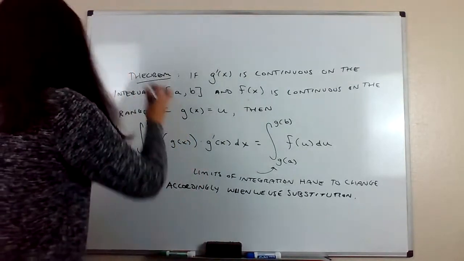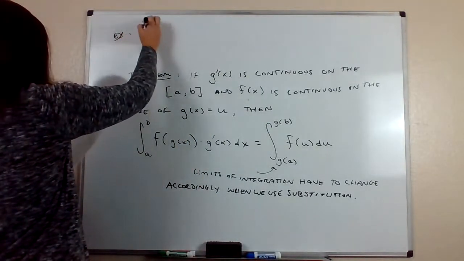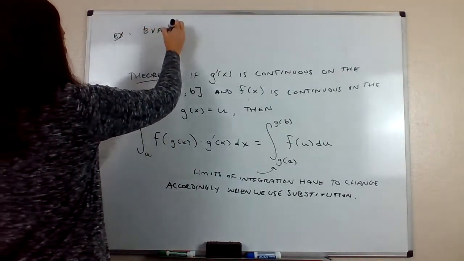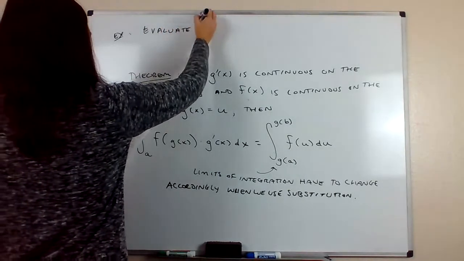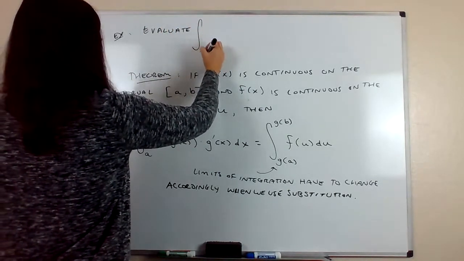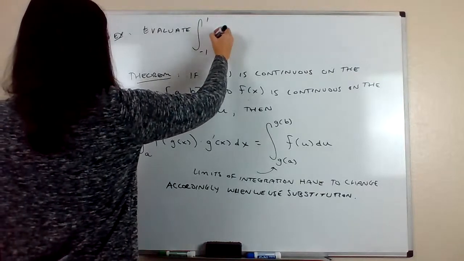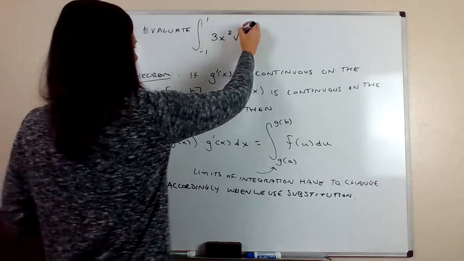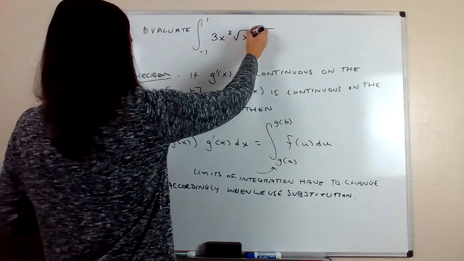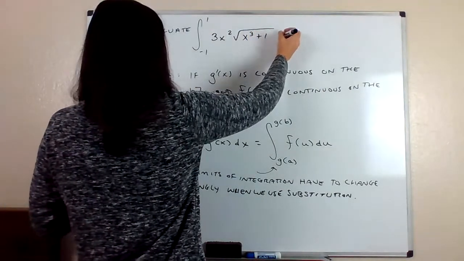All right, so let's jump right into an example of using this idea. We're going to evaluate the integral from -1 to 1 of 3x squared times the square root of x cubed plus 1 dx.